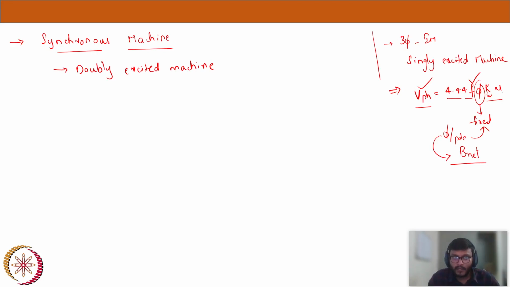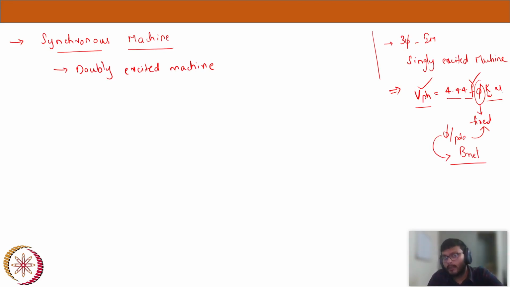Our rotor will also need some kind of supply. This doubly excited property is valid for both motor operation and generator operation. The important thing is my synchronous machine is not a singly excited machine. Giving supply just to the stator will not make our motor rotate.